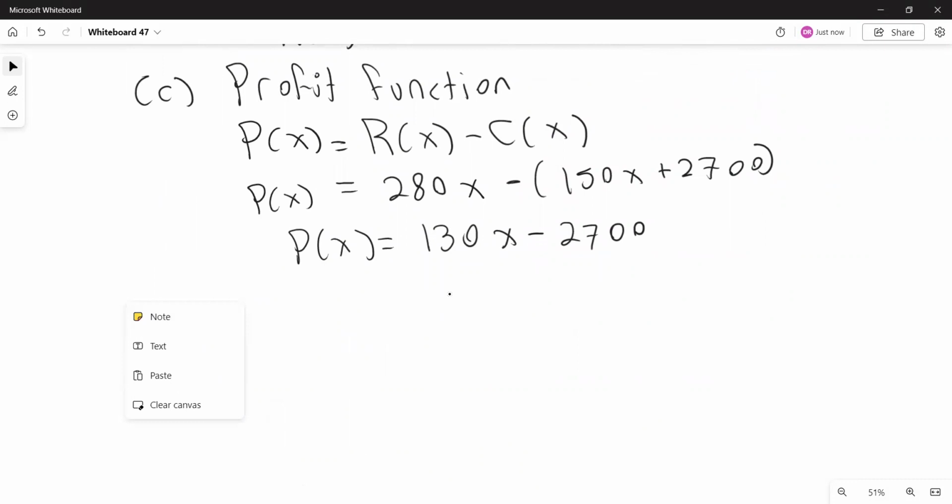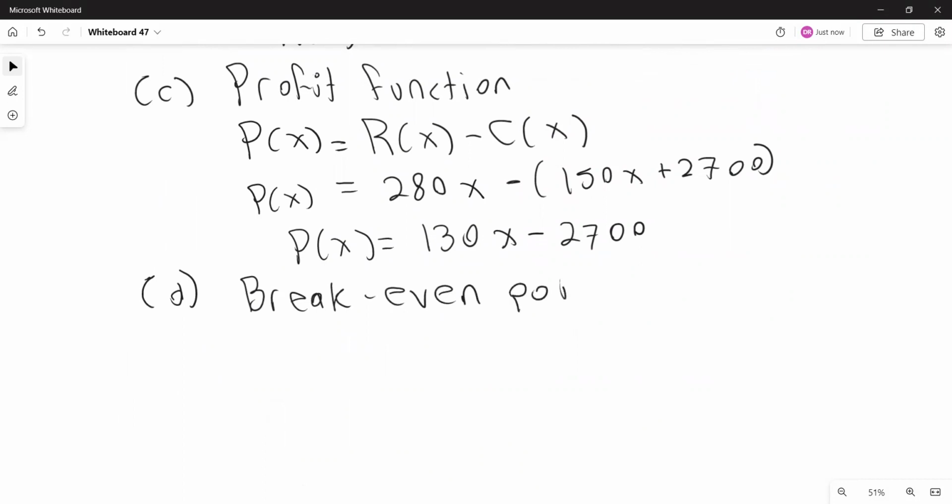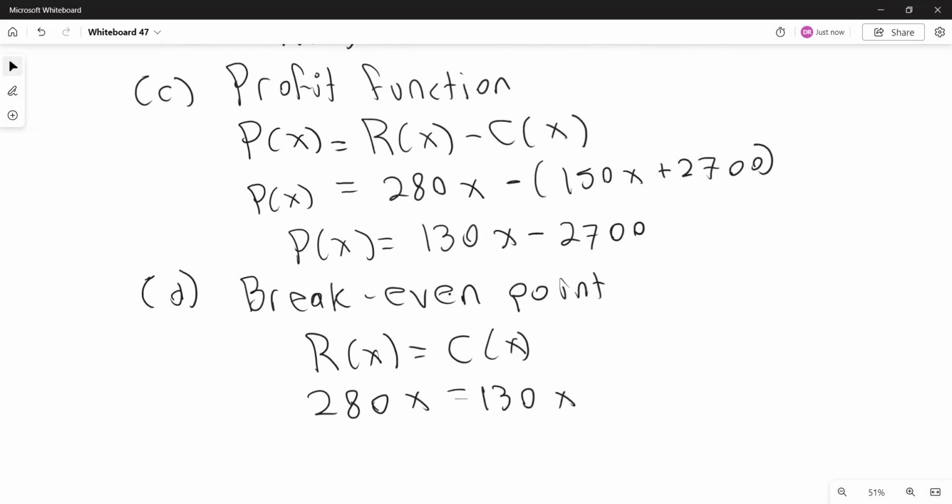So the break-even point occurs when the revenue equals the cost. Okay, the break-even point occurs when the revenue and the cost are equal, where the revenue is 280X and the cost is 150X plus 2,700.